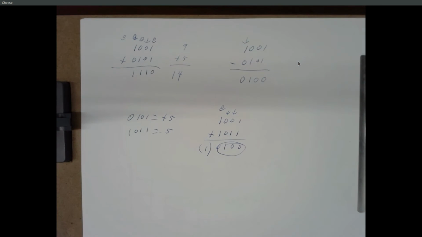That's 9 minus 5 is 4. So oftentimes when we want to take A minus B, we convert B to minus B by taking the 2's complement, and then we add it to A. So it's still just a single addition circuit. We just need a way to take the 2's complement, and we'll see how to do that in a bit.